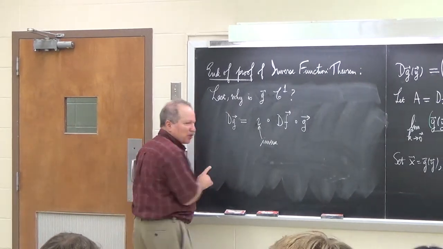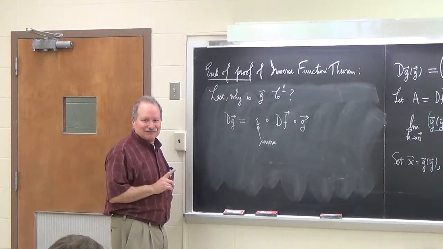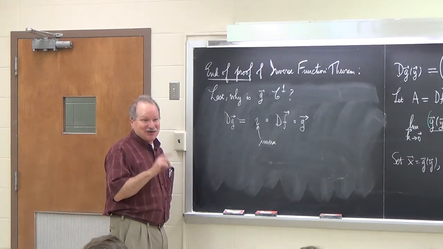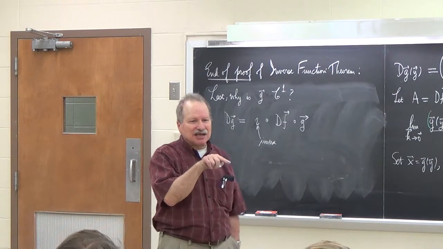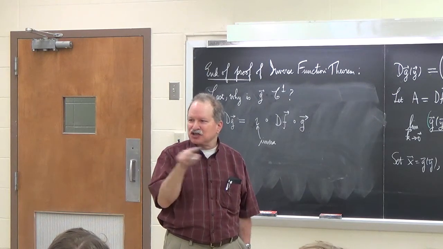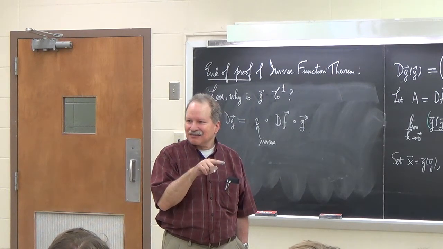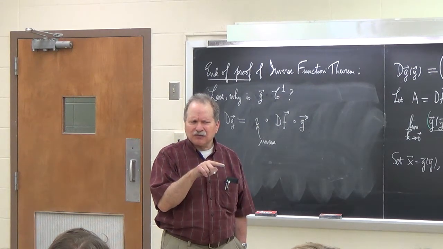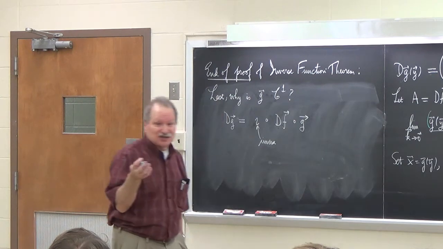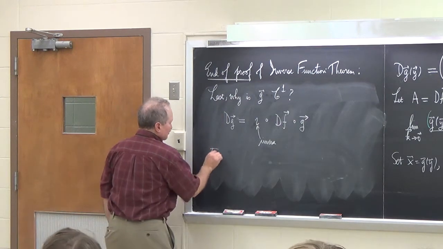But remember, we proved in chapter 7 that taking the inverse of matrices is what kind of function? We have a formula for A inverse that you learned in chapter 7. Oh, it's polynomial.